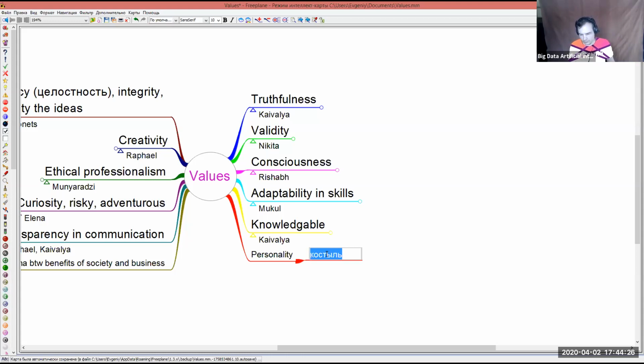So I propose for personality, propose humanity as value, and friendship.